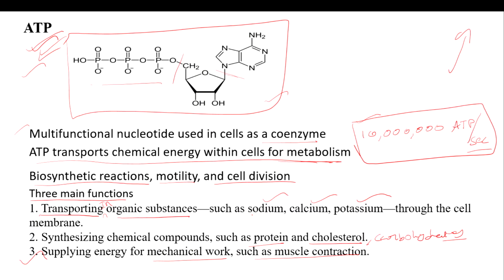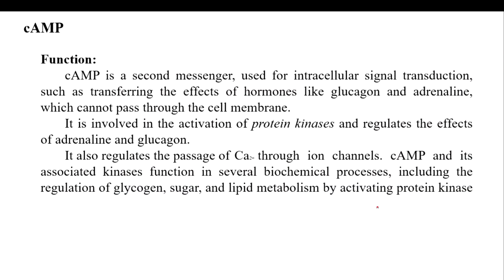We have also seen the structure of cAMP, how it is attached to the adenosine molecule. That is the reason I have not given the structure here, and this is a very important compound, cAMP, which is a secondary messenger. What is a secondary messenger?